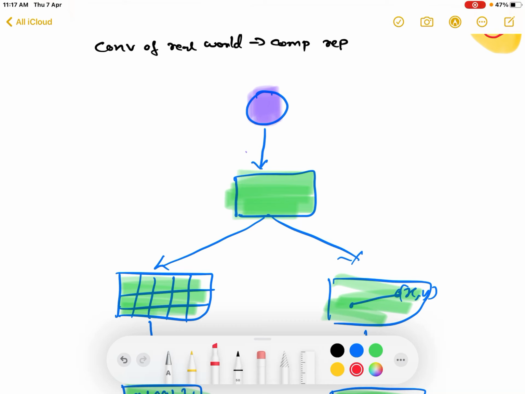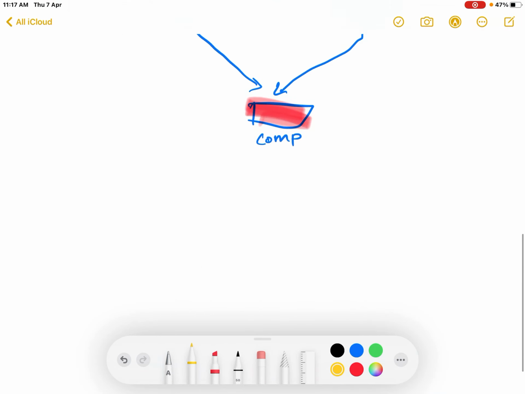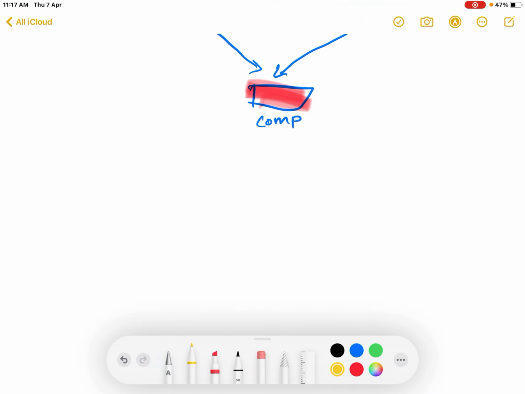Then you store that in a computer. That is the real conversion of the real world into a computer system. There are certain steps required for modeling data. Converting the real world to a data structure, to a data model, is called data modeling.